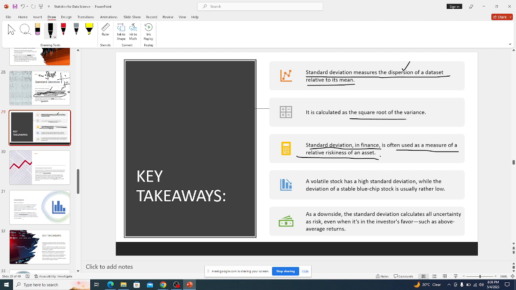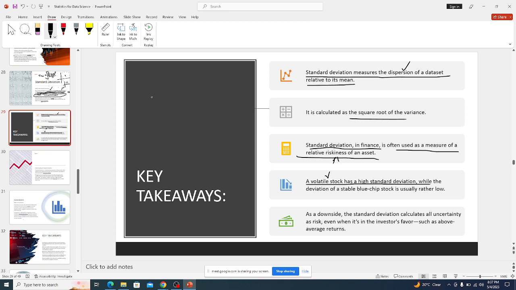So we usually say that a volatile stock has high standard deviation. Volatility means high risk. That's why we usually say in finance one characteristic of shares is that they are highly volatile, meaning their standard deviation is quite high, and it is risk.